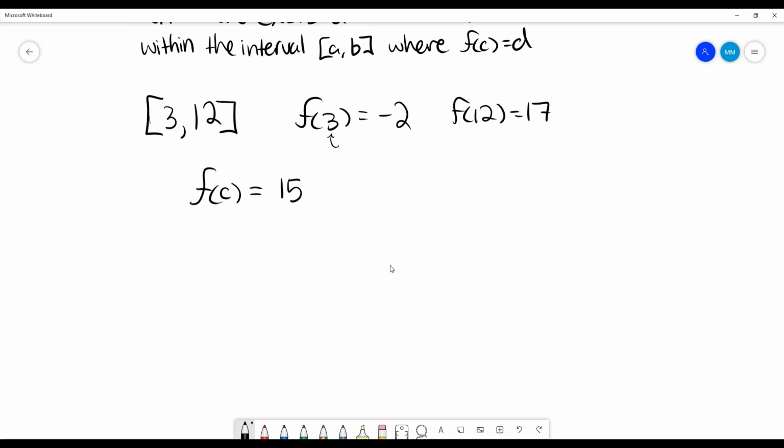And we could say maybe our function looks something like this, right? And we're looking at it on maybe this interval here. This is a different example now. So obviously our function is continuous on this interval that I'm showing, and this is our a, this is our b.